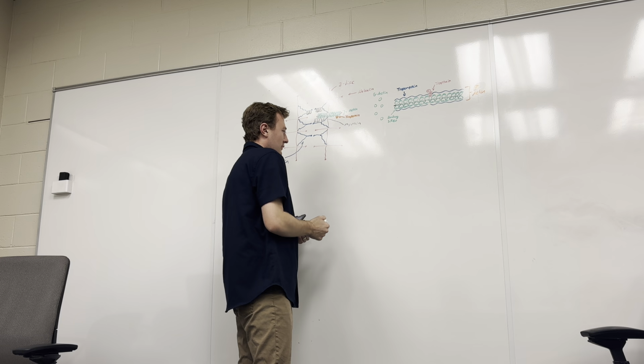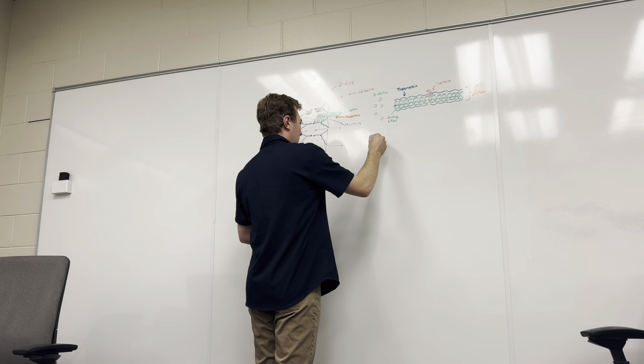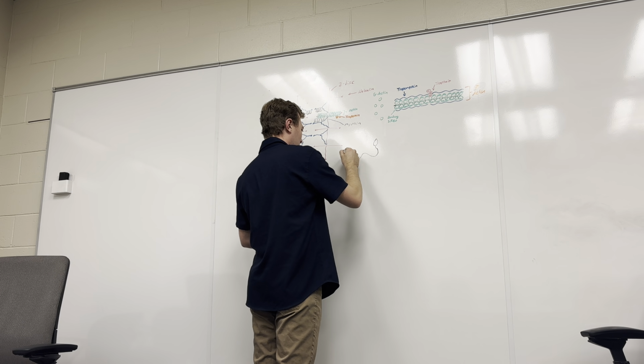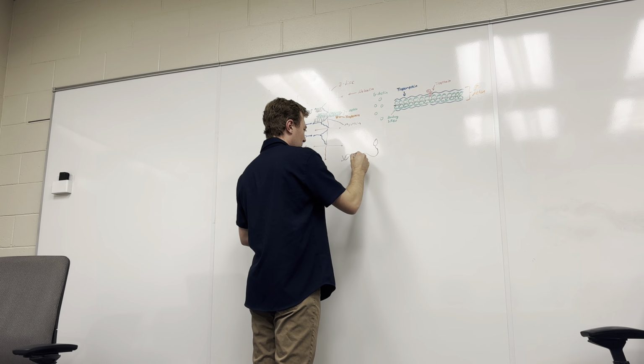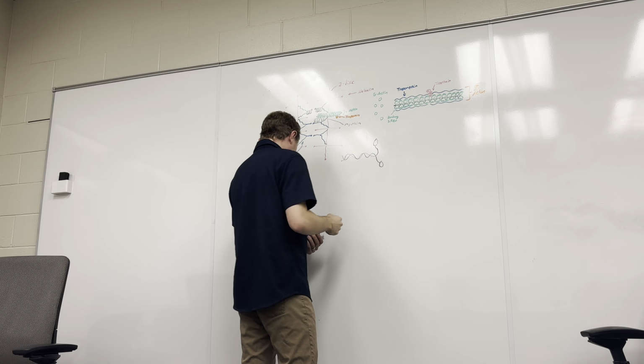So just really quickly while I'm on that topic, let me draw up what a myosin looks like. Looks like this. This is chains that are interwound together, 2 heads.